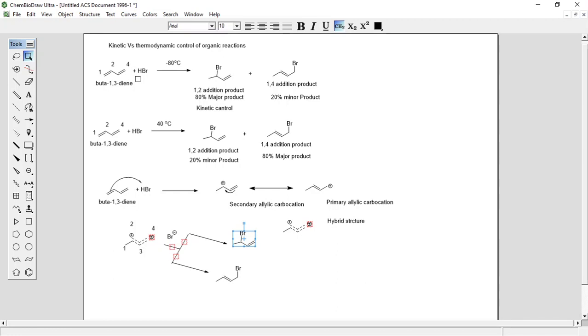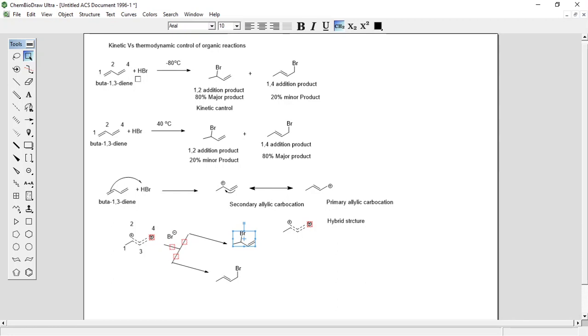The 1,2 addition product is the kinetic control product at lower temperature, while at higher temperature the most stable 1,4 addition product is preferred. The first is your kinetic control, and the second is your thermodynamically controlled product.